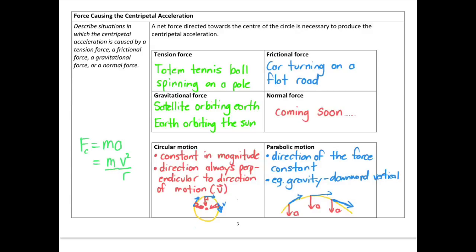So our force causing centripetal acceleration is equal to mv squared on r. We get on our formula sheet Newton's second law, force equals mass times acceleration, and we get that acceleration equals v squared on r. So it's a fairly simple substitution to derive that formula. We use this formula a bit, and we'll use this in the following slides as well.